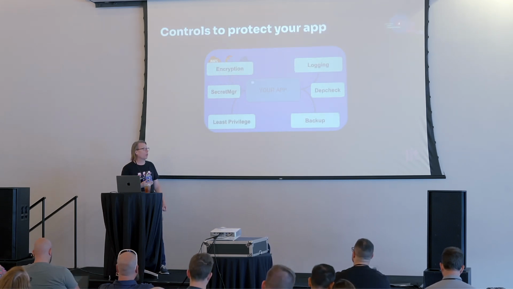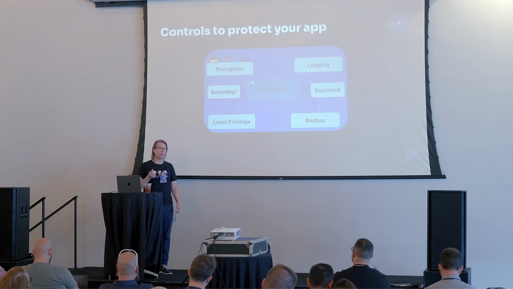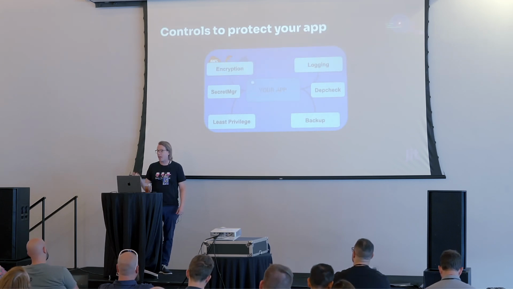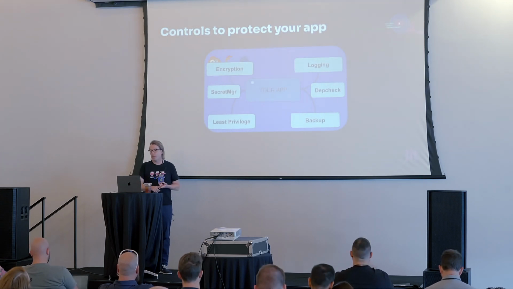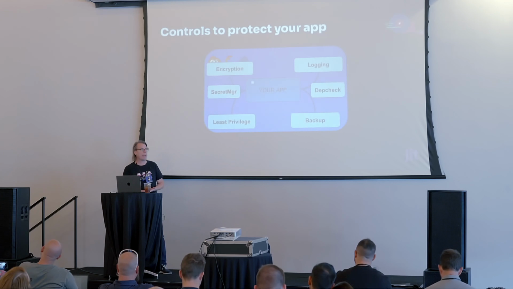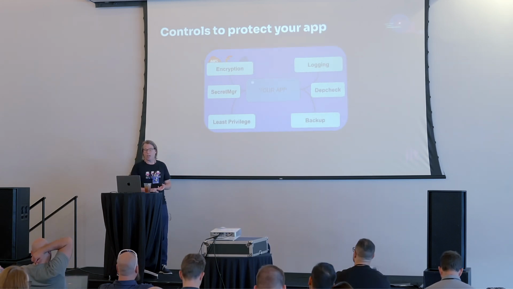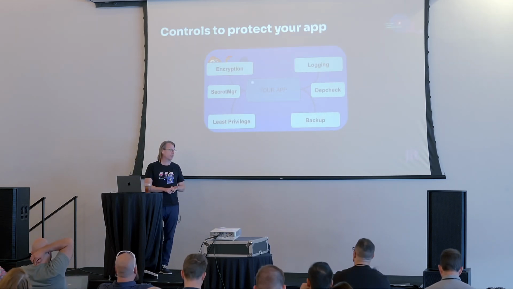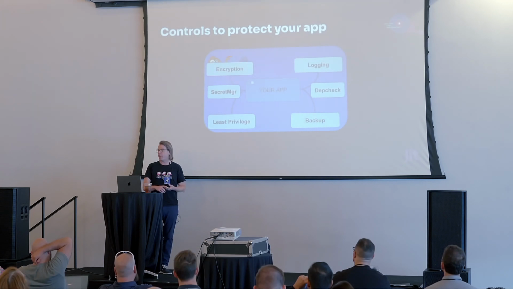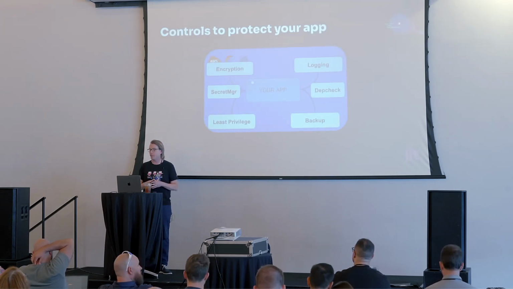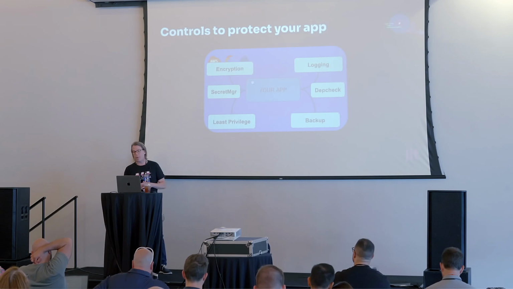So what are the controls that you want to put in place for those internal pieces of your application? For your traffic, clearly encryption is a key control to make sure that you're properly encrypting and protecting that data. You want to have some type of secret manager in place that's protecting and hiding those tokens appropriately. Again, least privilege in access to your services, making sure you evaluate the various privileges and have RBAC, role-based access control, in place.